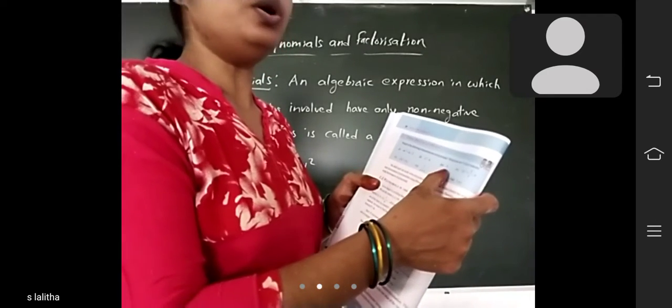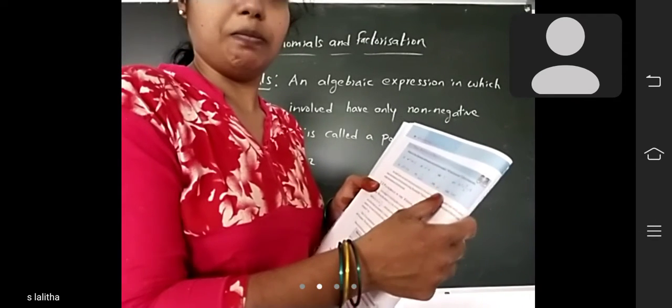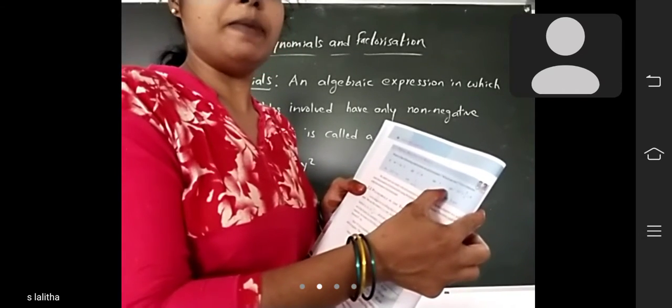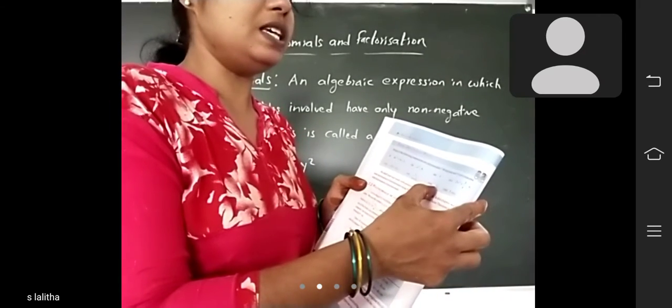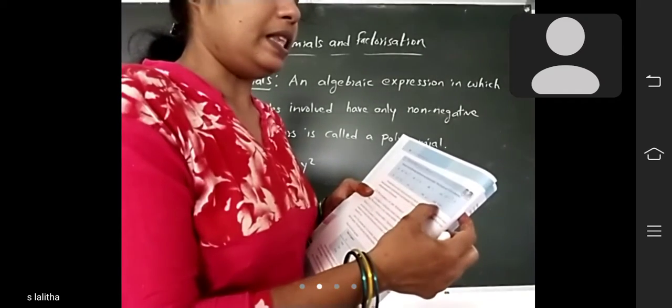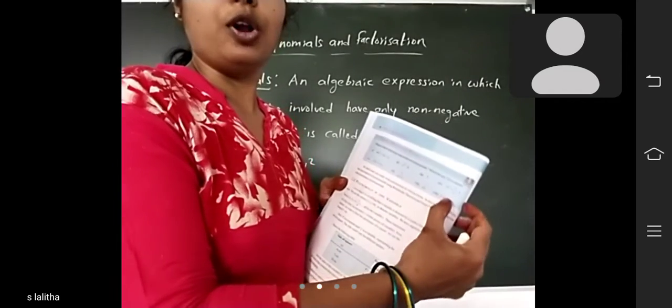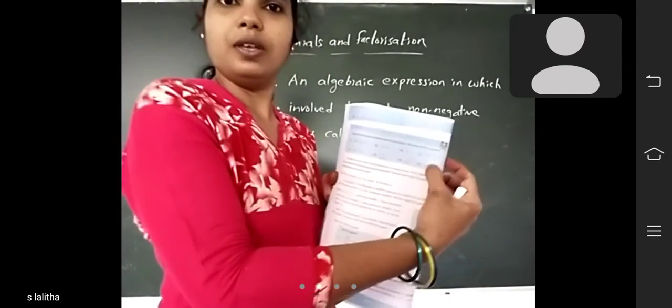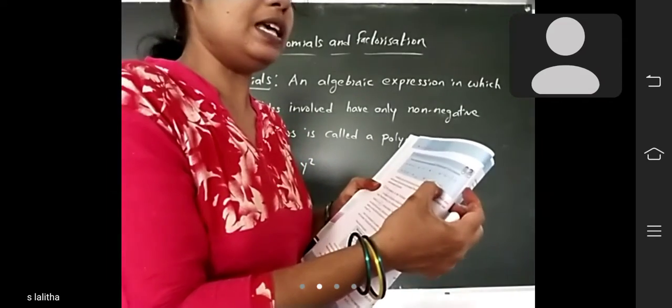Next, seventh one: root x. Is it a polynomial, children? No. Why? Because here the power is fractional. So it is not a polynomial. Next, 3xyz. Is it a polynomial, children? Yes, all powers are positive numbers only. So it is a polynomial.